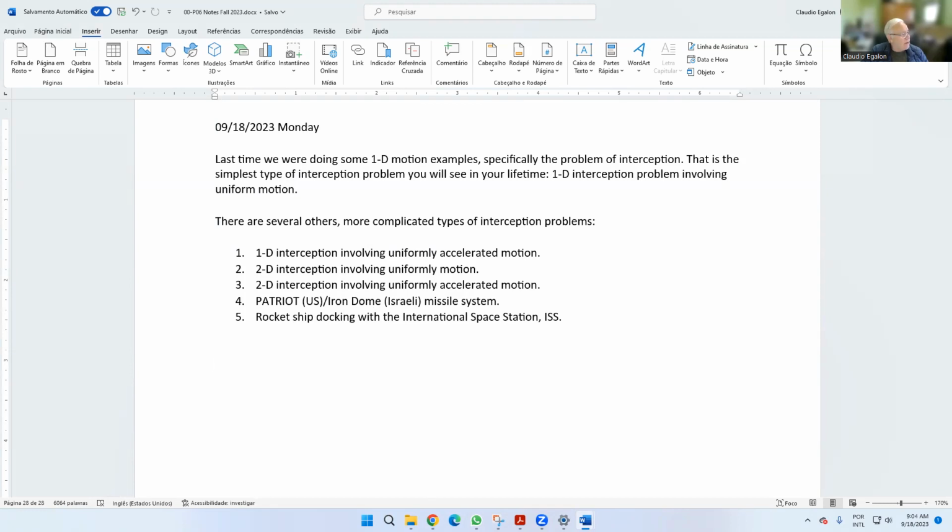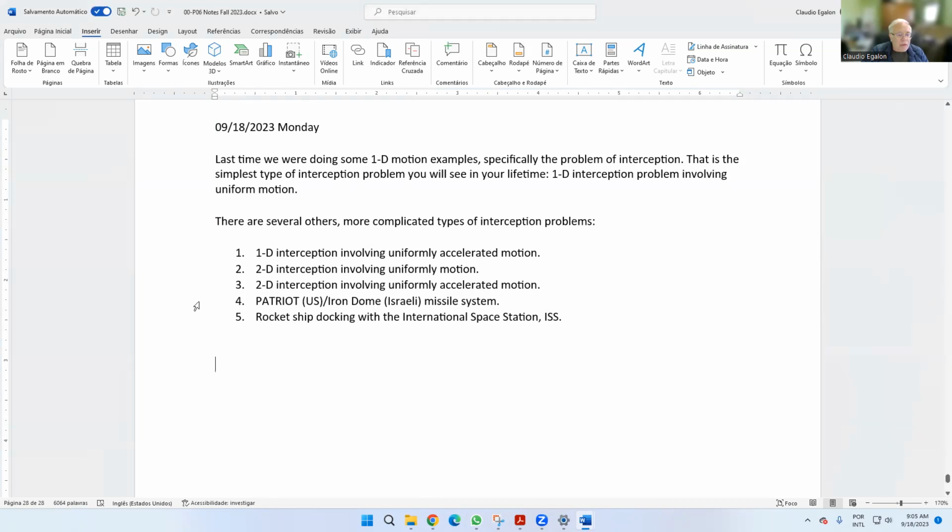Those are intersection problems. If you go into the military in the future, if you work on a military project, you might get involved with something like that: how you're going to adjust your vector velocity, how you're going to adjust your fuel to intercept an enemy missile.